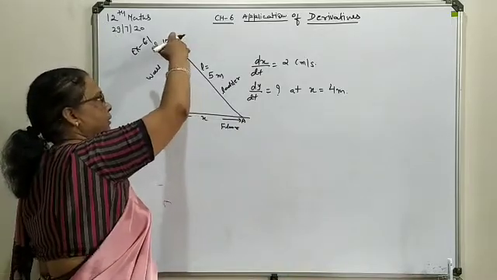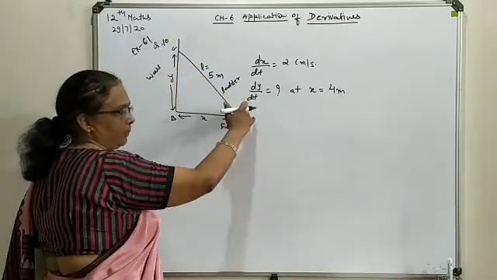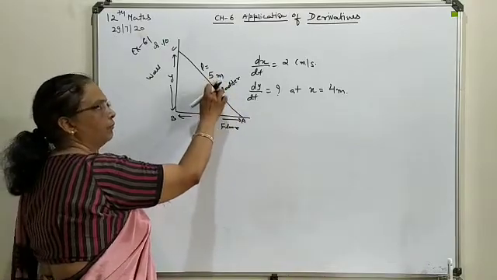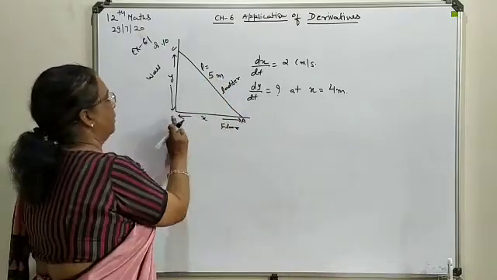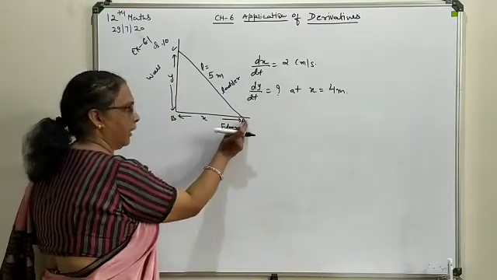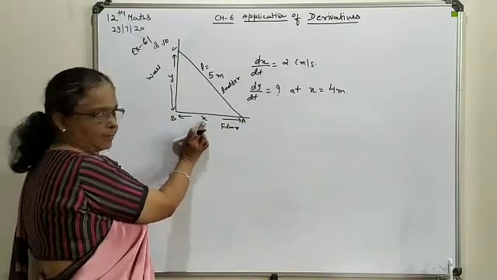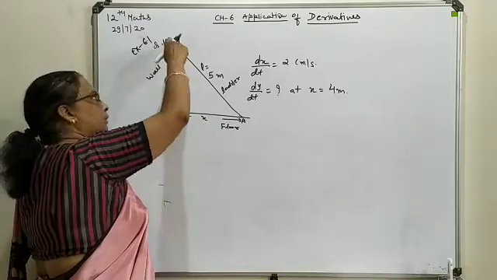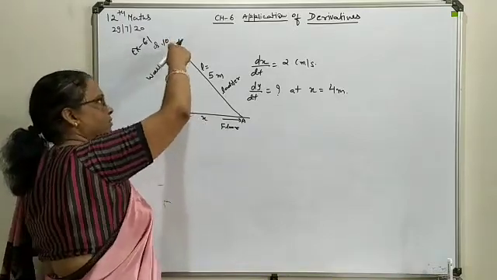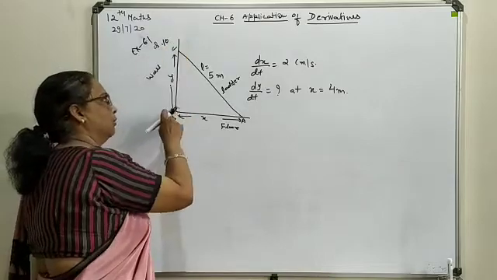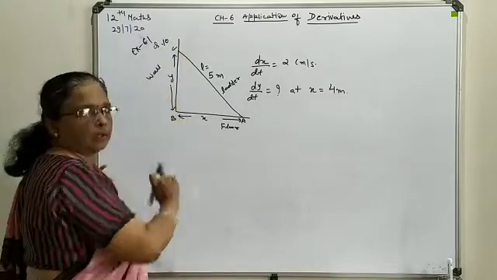Against this wall the ladder is placed with a length of 5 meter. The distance from the wall to the foot of the ladder we have taken as x, and the distance from the top of the ladder on the wall to the ground we have taken as y.